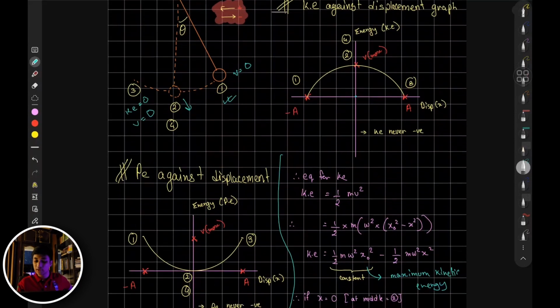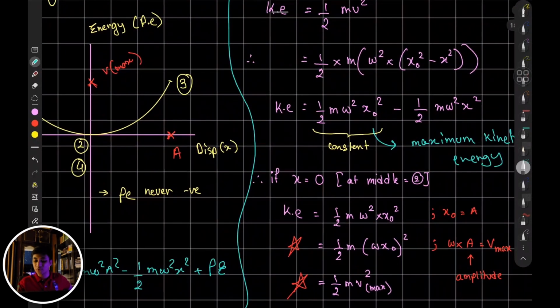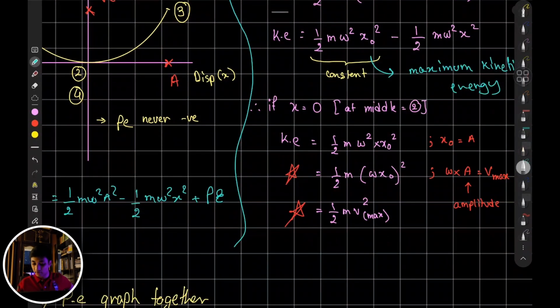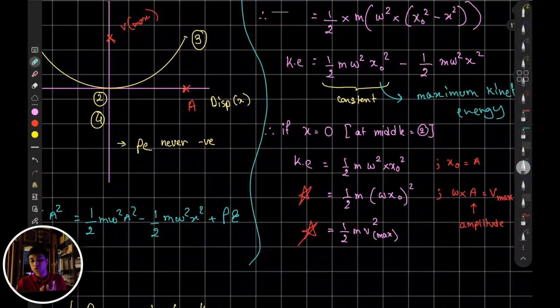So if we apply that over here, we know this expression is giving you half m times v max whole squared. So this is actually giving you the maximum kinetic energy. This part of the equation is giving you maximum possible kinetic energy.